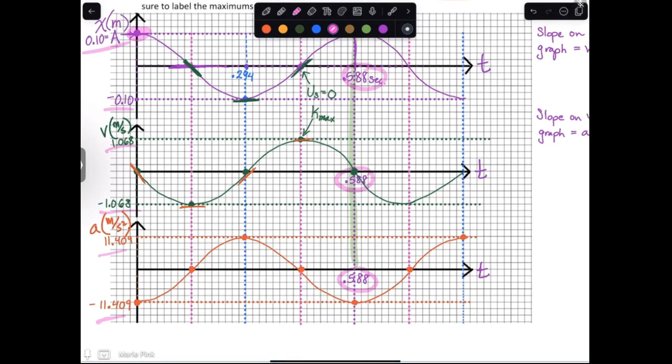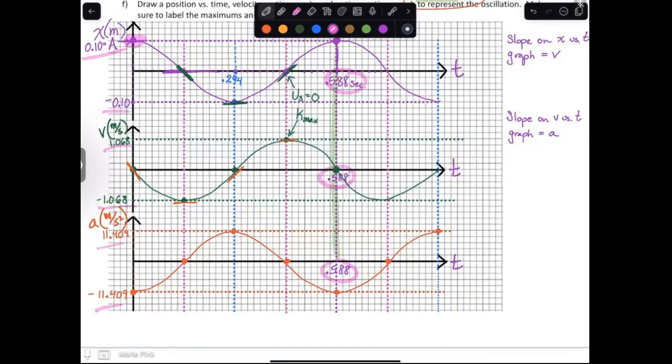And as a side note, if you are in calculus by chance, you will notice that the first curve, the position versus time graph, will give you a cosine curve. The velocity is a negative sine, and acceleration is a negative cosine.